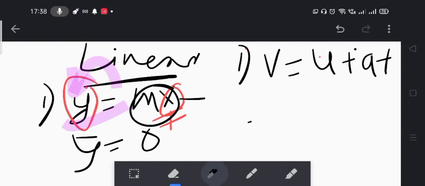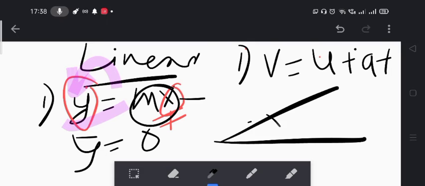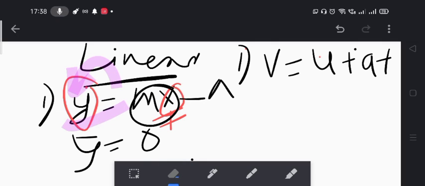This slope is also called tan theta in trigonometry, where y is the perpendicular and x is the base. So this m is called the slope of the linear equation, where y upon x, perpendicular by base, represents theta, meaning the inclination of the graph.